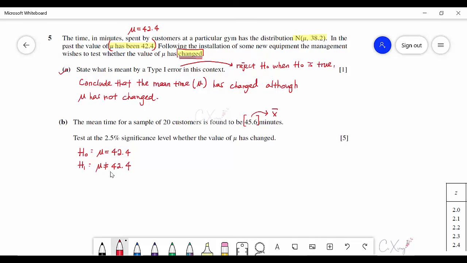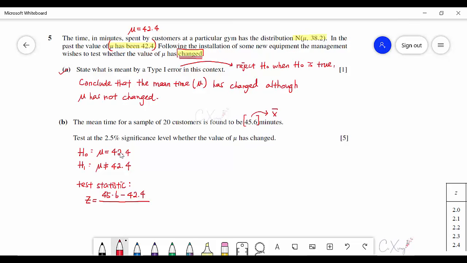Okay, then the next step is you need to calculate the test statistics. To get the test statistics, the formula is Z equals to sample mean minus the population mean, so the population mean should be 42.4, divided by standard deviation.